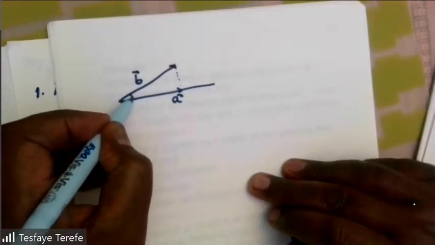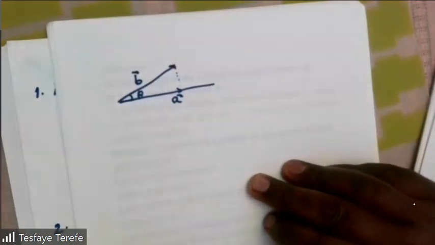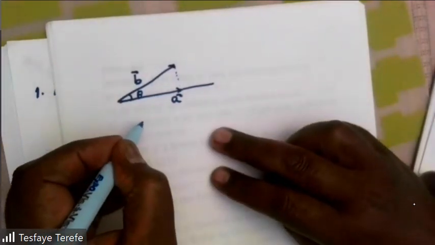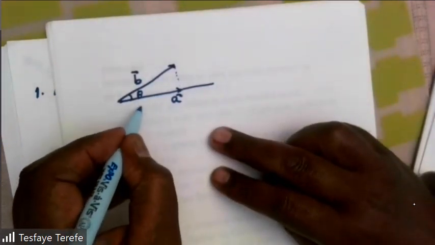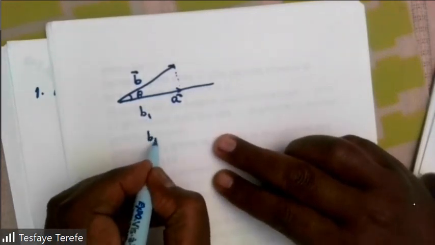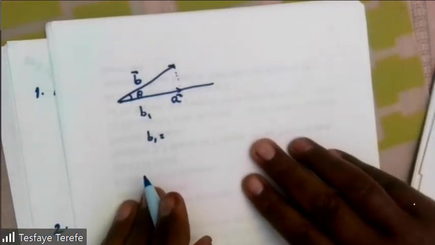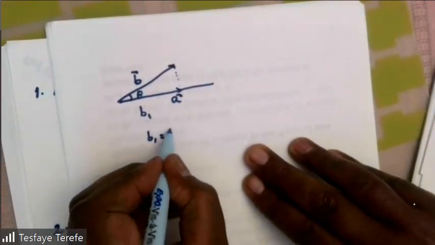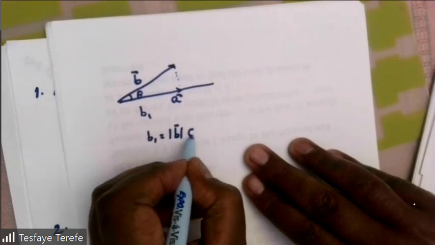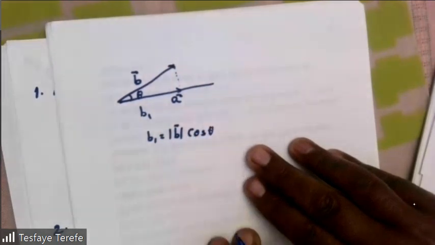How do you find it? If this is theta, then the component, let us call it B1, B1 equals norm of B multiplied by cosine of theta.